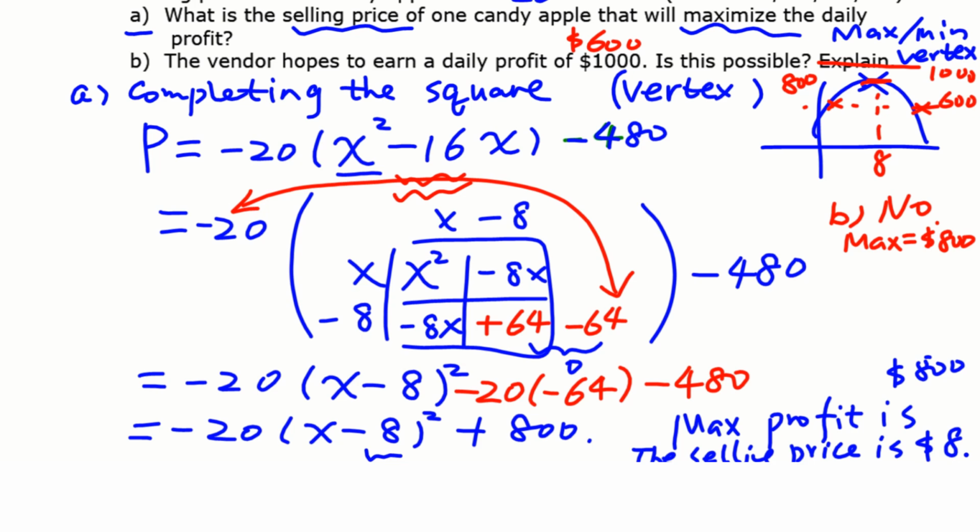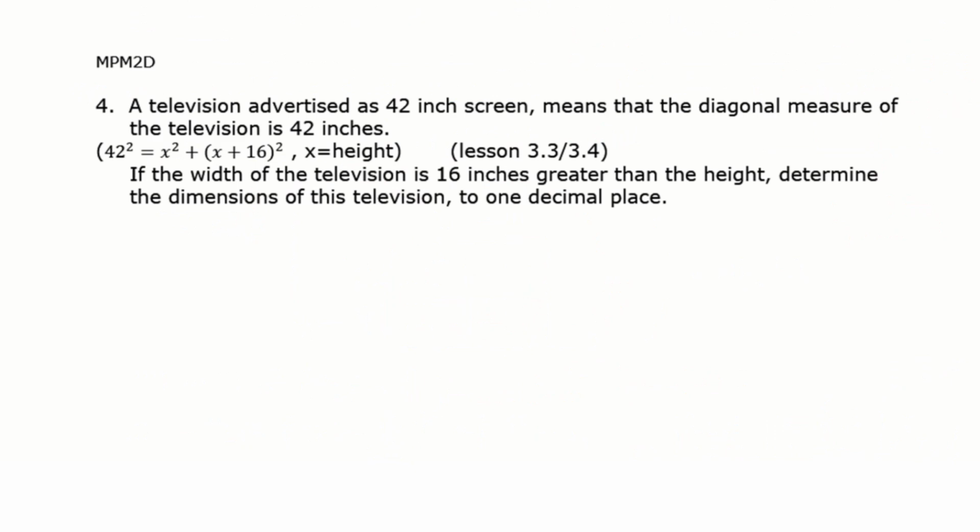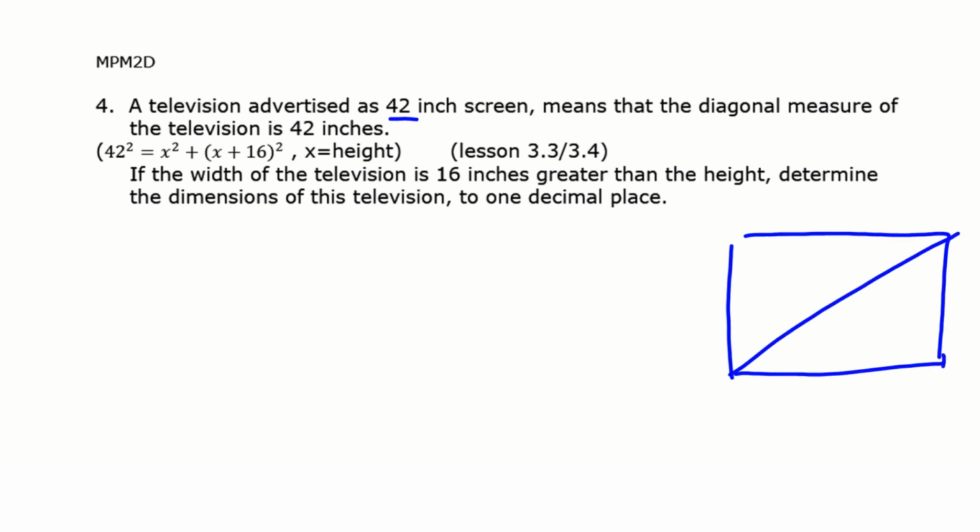I'm going a little bit fast, but I recorded already, so you can review this one, rewatch it. So this one is a television advertised as a 42 inch screen. You need to understand that the television size, how many inches, means the diagonal.